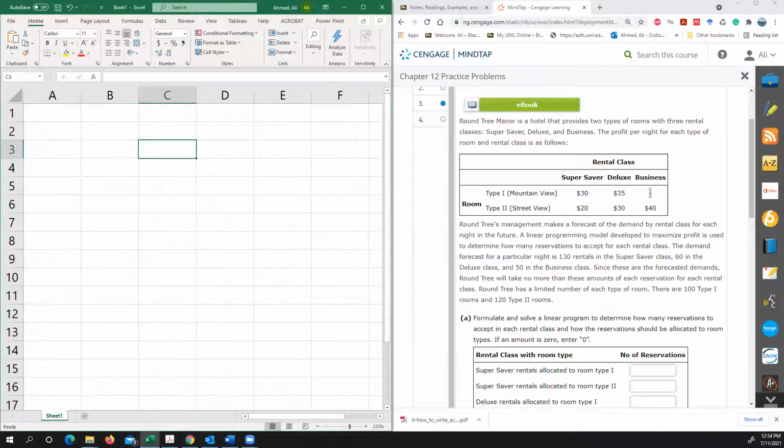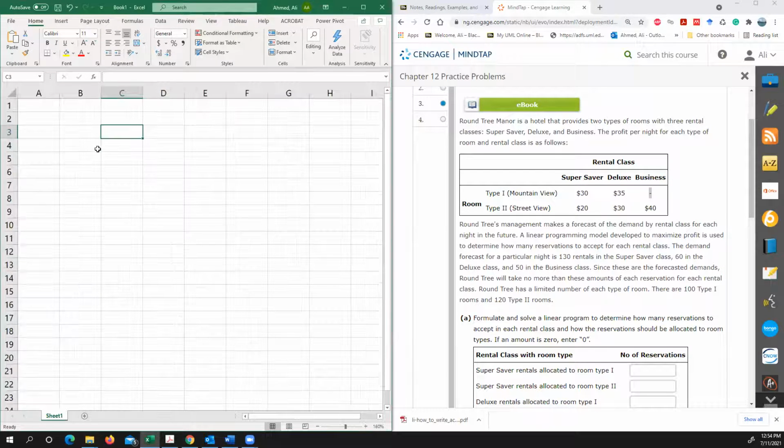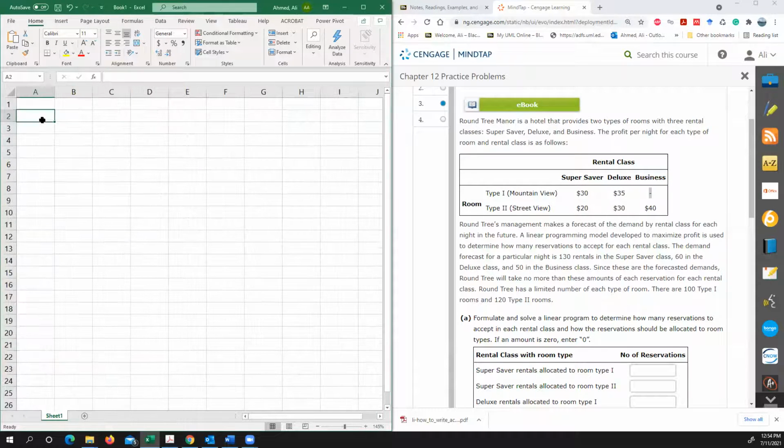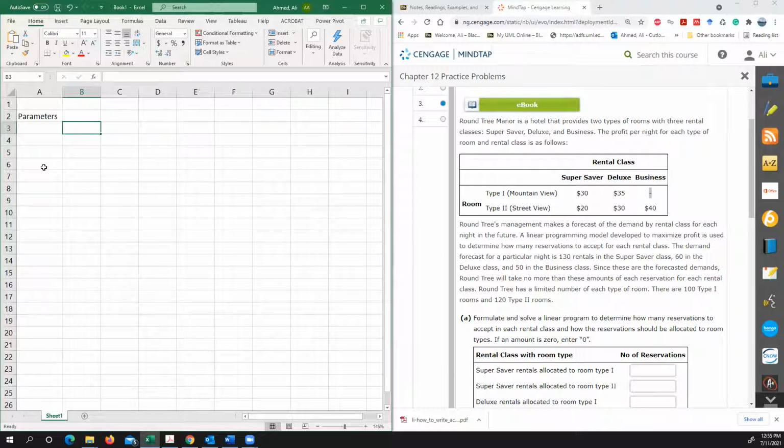All right, so before just jumping into the question, I want to make sure that I start my model and parameters from here. The first thing I should make sure of is this data table: Super Saver, Deluxe, and Business.